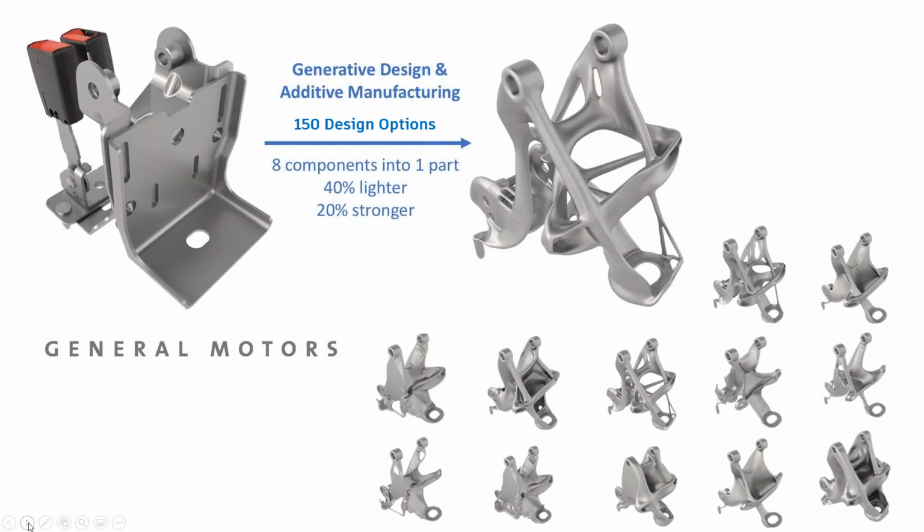So another advantage of using generative design is also the consolidation of the parts. So in this example from General Motors, this company, for instance, has replaced this 8 component with one single part that is 40% lighter and 20% stronger.